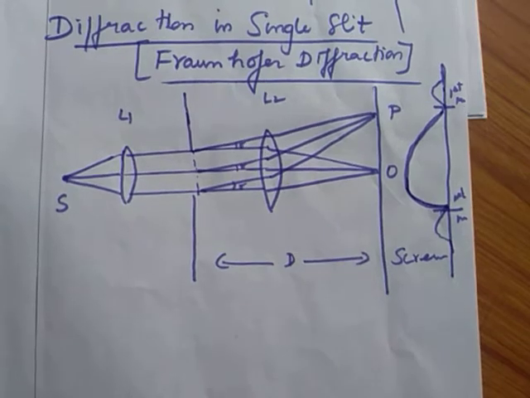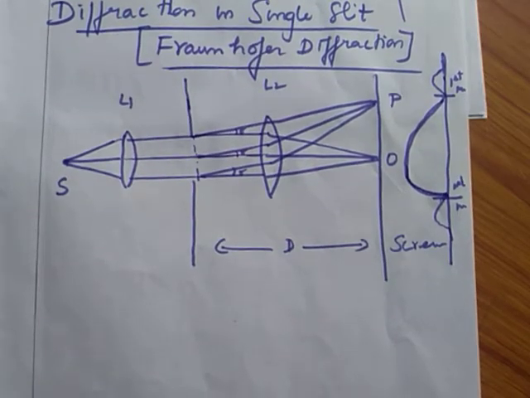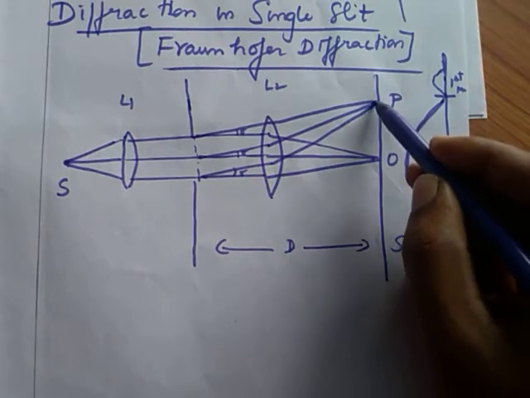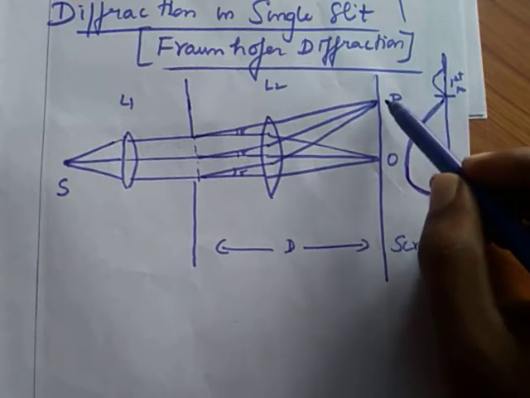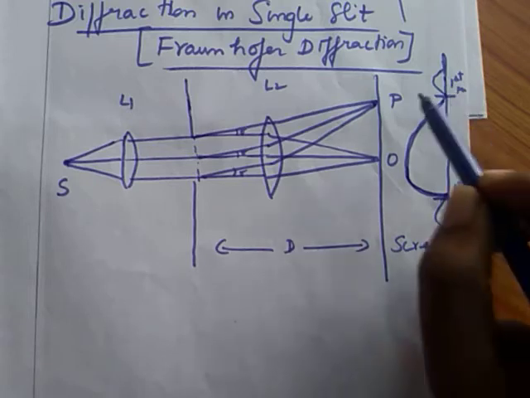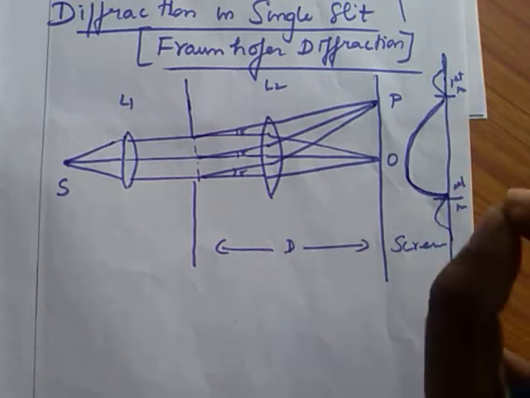Here our aim is to find the path difference between these waves. We also know that the dark and bright fringes depend only on the path difference.